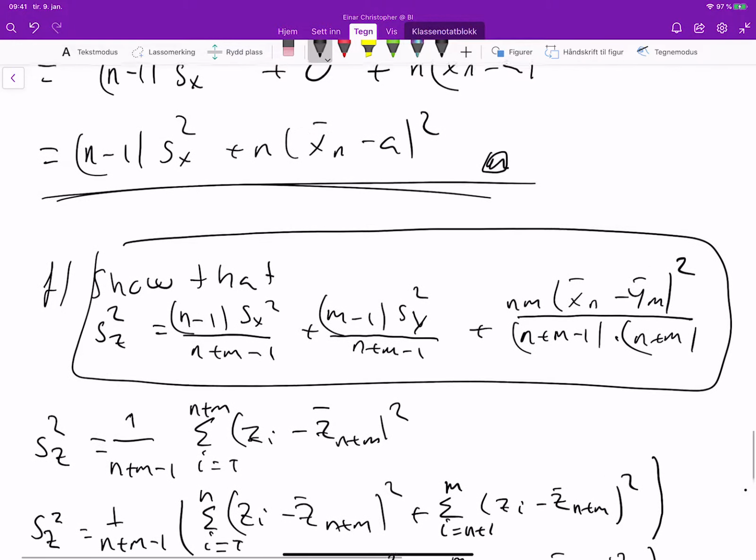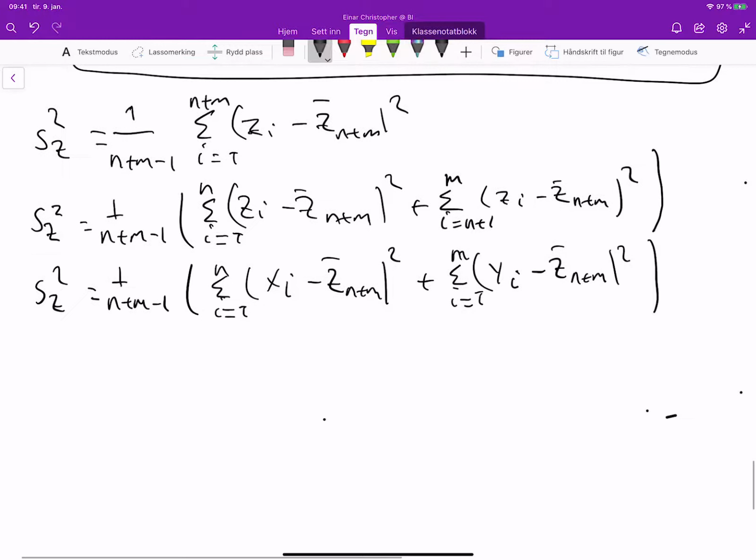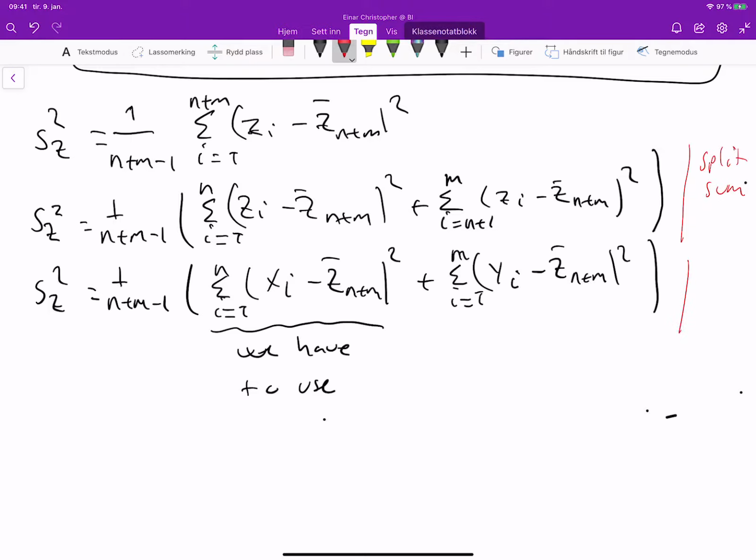And now we have to use the result from E. So here we split the sum, replace z_i, and now we are going to use the result from exercise 1E.